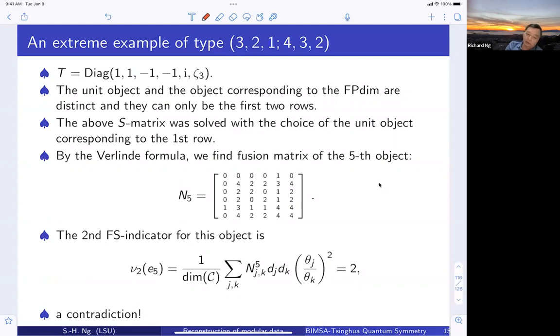That means the fusion matrix itself certainly forms a C-based unital ring, but whether it can be categorized is not clear. But anyway, we did not inspect further. We only know that this one cannot be realized as a modular tensor category.